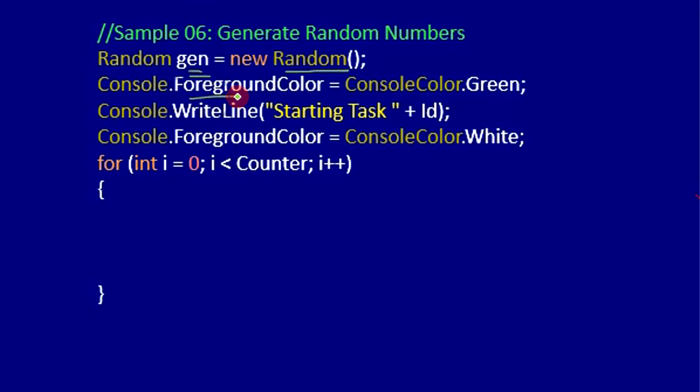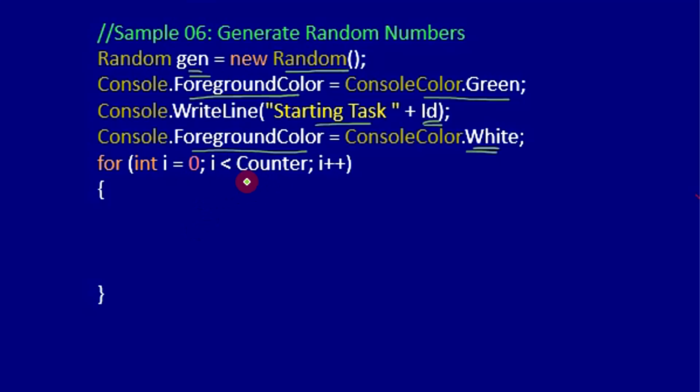Here we are attempting to change the foreground color to green, and then we are writing starting task and ID. So ID we already retrieved from the RandomGen class. So we write this piece of code for testing purposes. In the next video we will make a slight adjustment. Then after printing starting task, we will set the foreground color back to white.